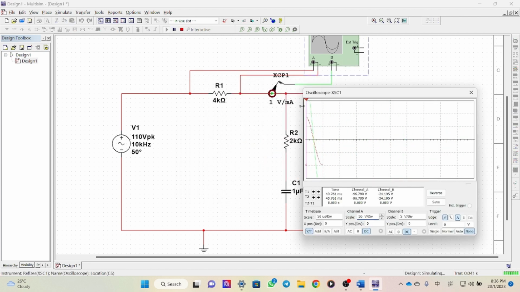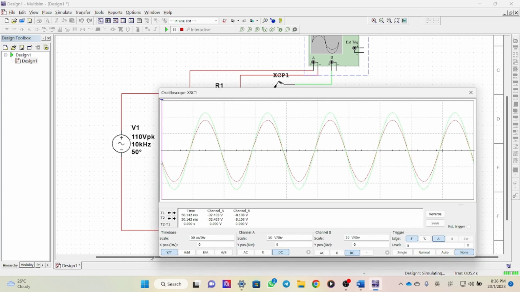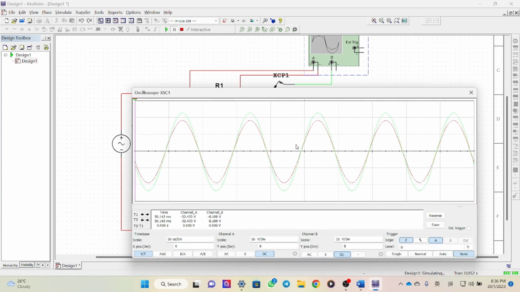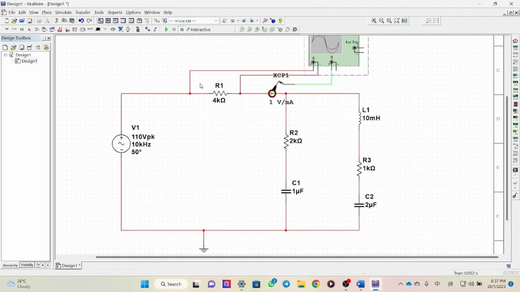So like this. We also adjust first. So we found that there is no phase difference because the current and the voltage start at the same point.